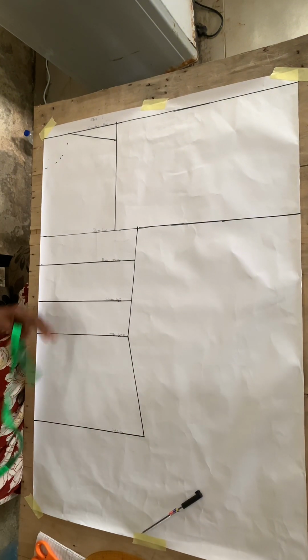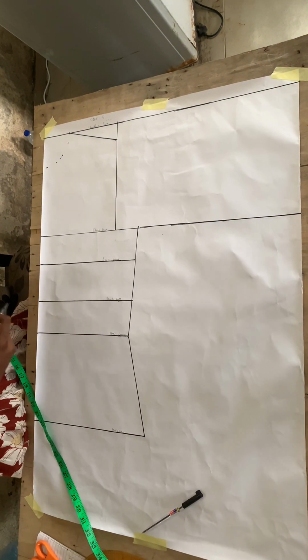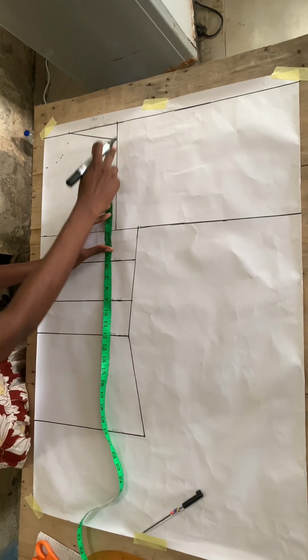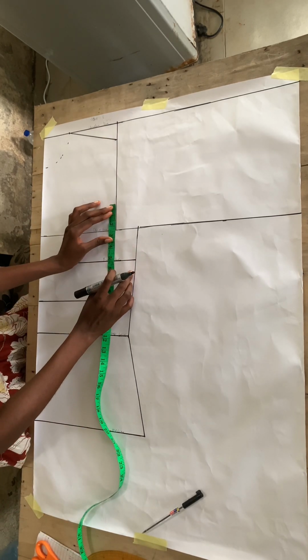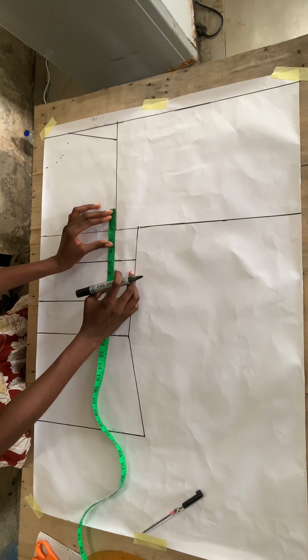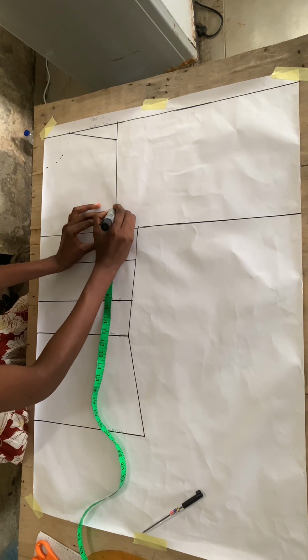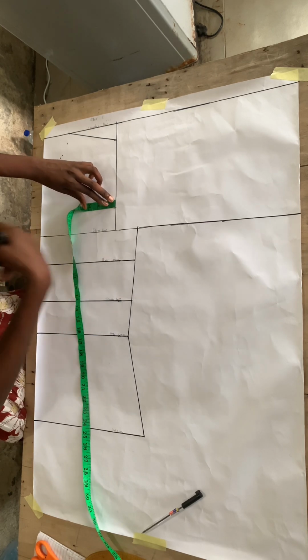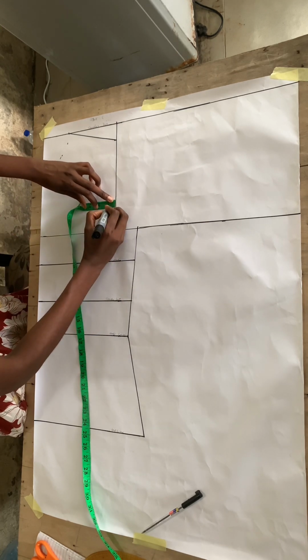To get your armhole curve, you come up on your chest line by 2 inches. Make sure it is 2 inches. Then go in by 0.75 inches. That's 3/4.